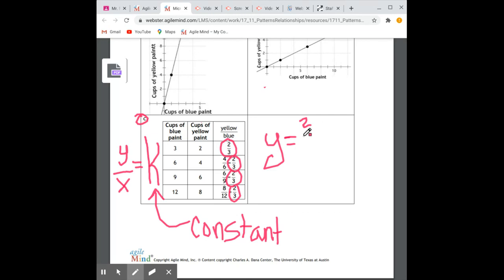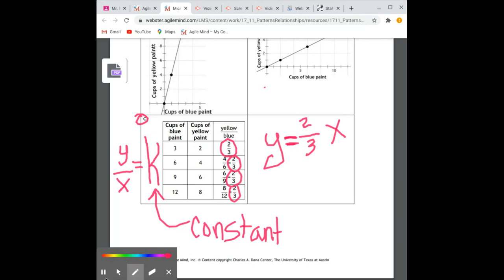I'm following you, Jamal. 2 over what? 2/3. Perfect. Times what? What have we been multiplying by? Times x, because that represents the amount of blue. Okay? So that is 100% correct.